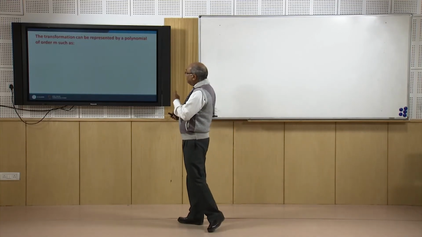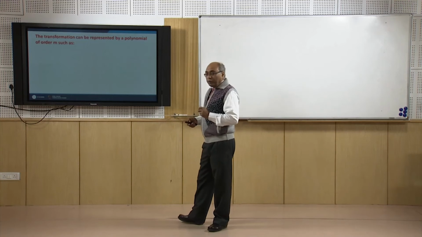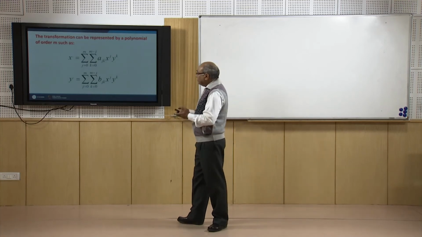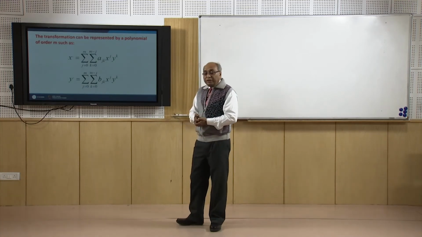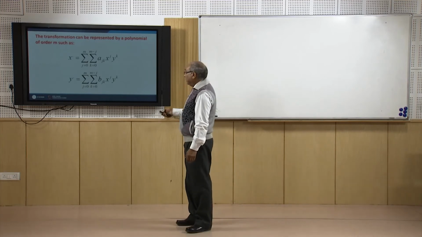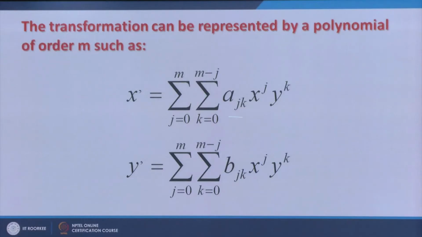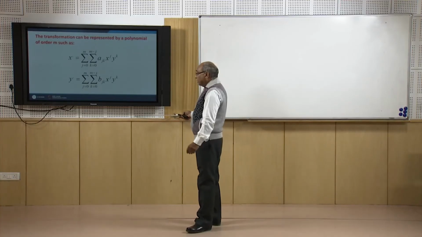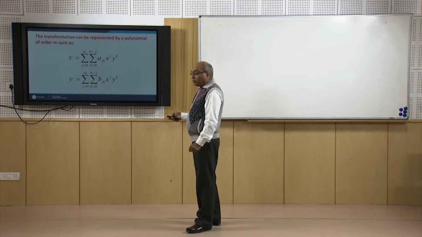The transformation can be represented by a polynomial of a given order. This is a generalized polynomial equation. For a given order, you can calculate or estimate the x and y for the slave image for the corresponding ground control points.